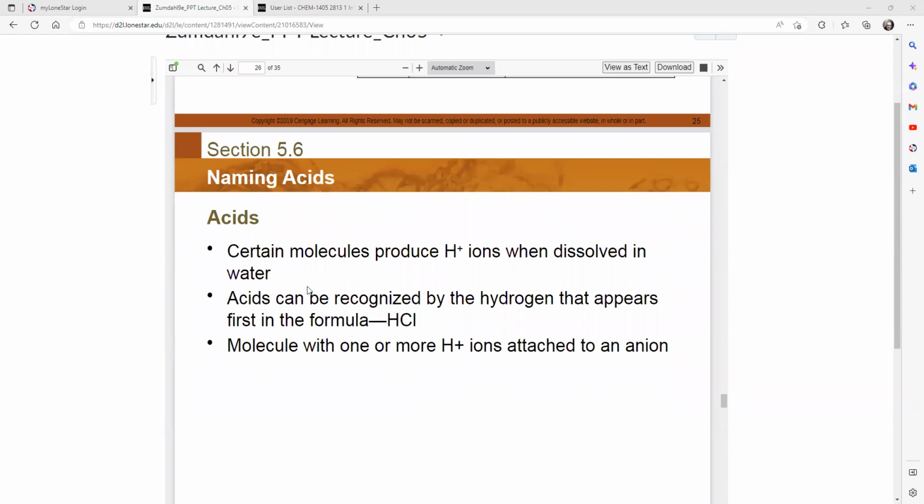Well, acids. Acids are compounds that produce hydronium ions when they are dissolved in water. An example is hydrochloric acid. In this case, the molecule has one or more cations attached to an anion.